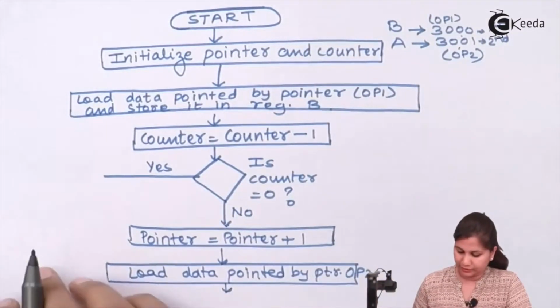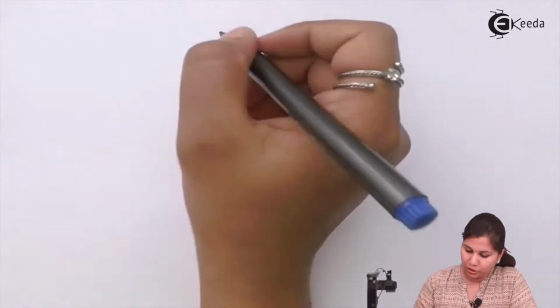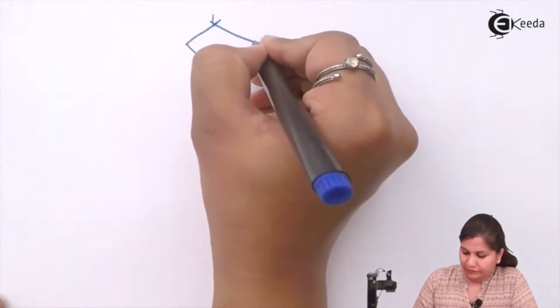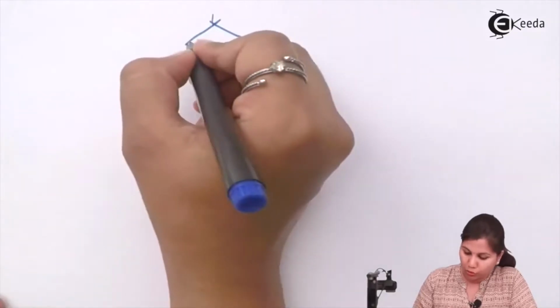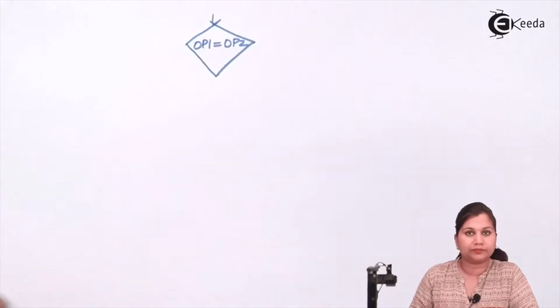Now after that, we will do the comparison between the two numbers. One number is in register B and another number is in register A. So after that, we are going to compare whether these two numbers, OP1 is equal to OP2 or not. Okay.